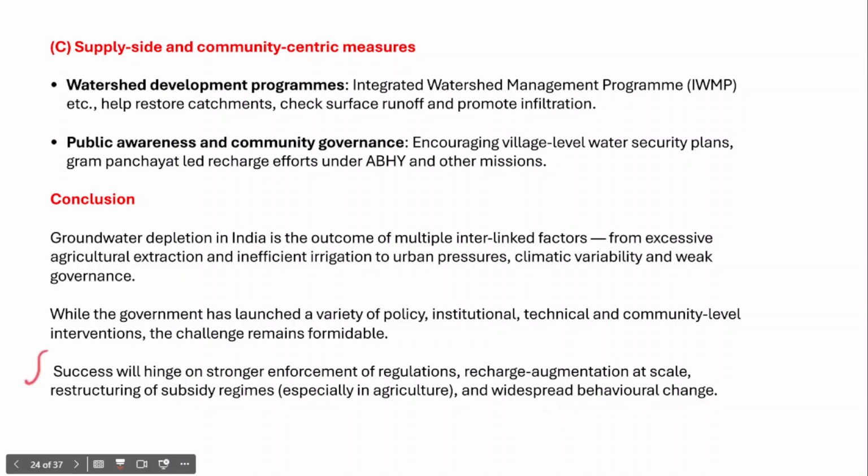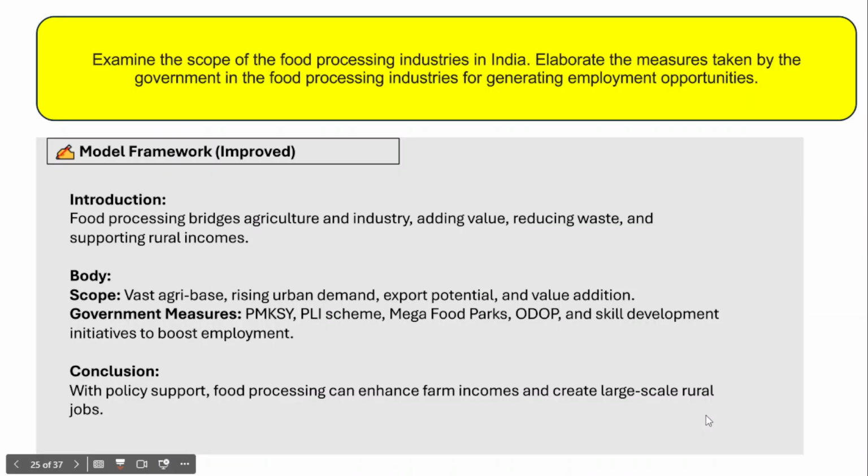A combination of all these factors will help in the sustainable management of the existing water resources, recharging the aquifers and increasing the levels of the groundwater tables. So this is how you have to write a holistic answer in this particular question.